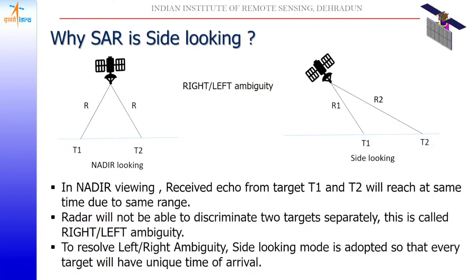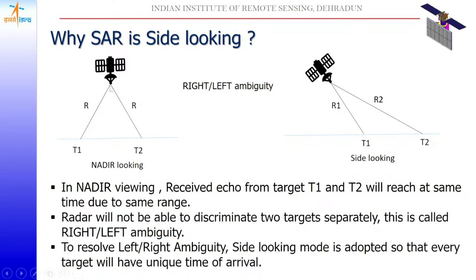So why is the SAR side looking? Because SAR is a ranging device. If we consider it nadir looking, you can see these two targets T1 and T2 will have the same range. As I said, SAR is a ranging device, so it can differentiate two targets separately only if they have different ranges.